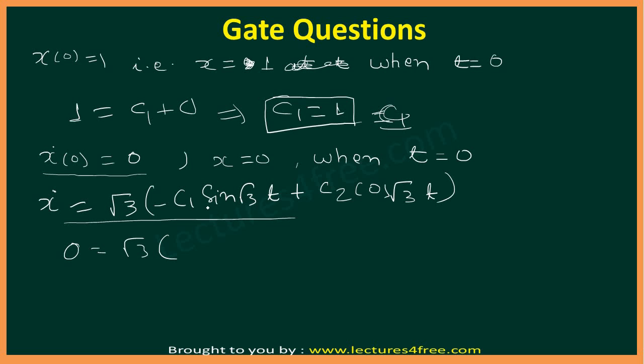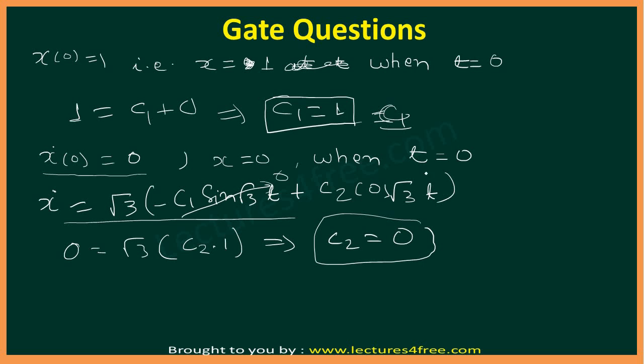If you put t equal to 0, then sine 0 will be 0, so this term will be 0, plus c2 cos root 3t. Here if you put t equal to 0, you will get c2 cos 0. Cos 0 means 1, so you will get c2 into 1. So you will get c2 is equal to 0.